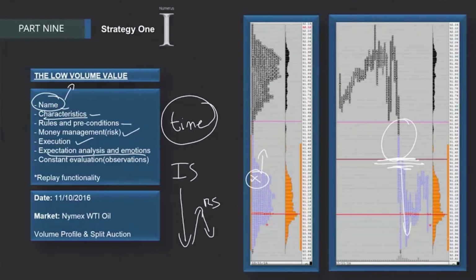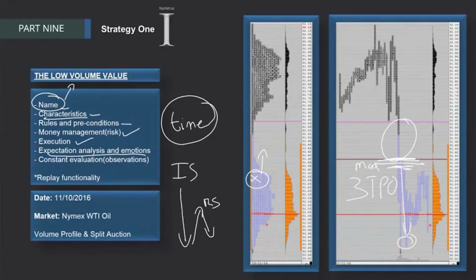So by definition, if we expect strong responsive selling on the first pullback, by the token of time, it shouldn't take that long. So allocate a number of time. In this instance, I would say a maximum of 3 TPOs in order to complete the distribution move. If it takes more than 3 TPOs, then we exit, okay, because the expectation has not been met.